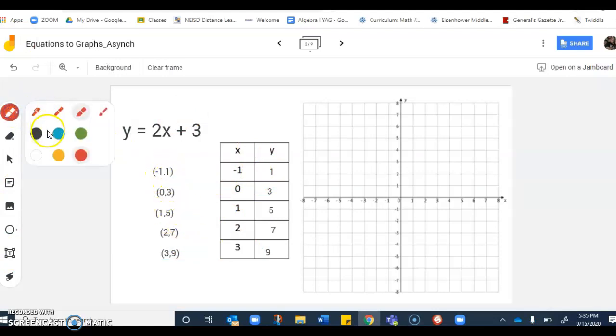I'm going to go and plot them on my graph. Negative 1, 1, 0, 3, 1, 5, 2, 7, and 3, 9 is off my graph, but that's okay. We can use the other points. We're going to connect them with a straight line going through them.